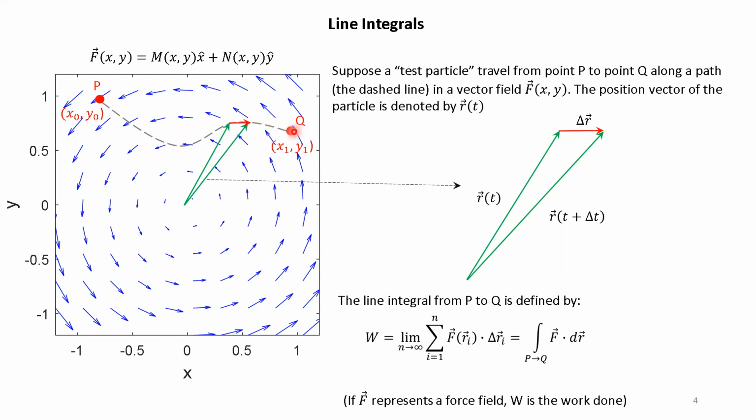Now what I want to ask eventually is, over this path, what is the work done by this force field on the particle? Of course, physically you might ask, if the force is like this, then it doesn't seem that the particle should move in this path.